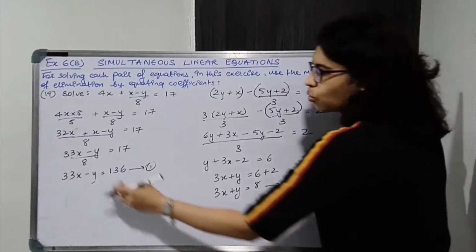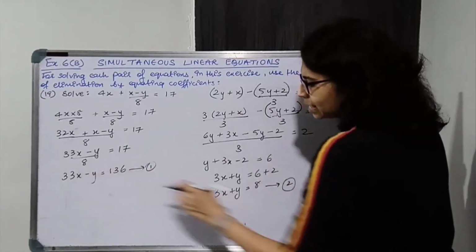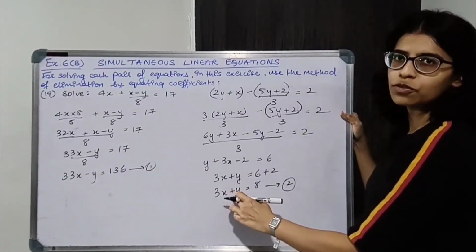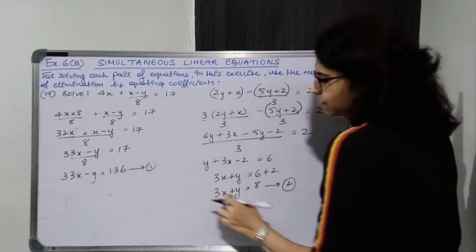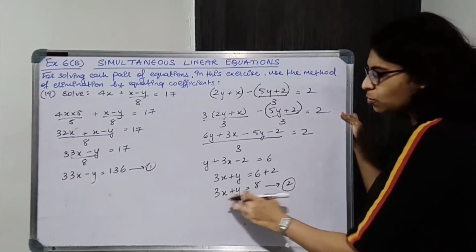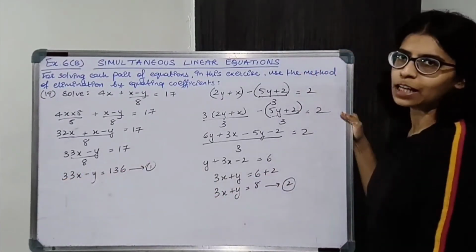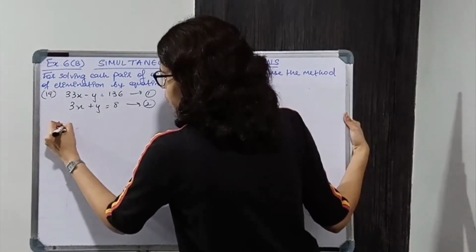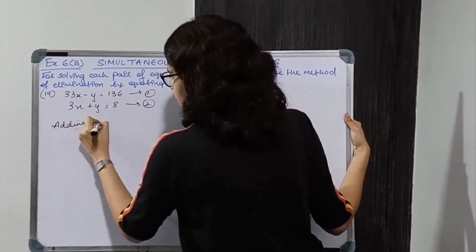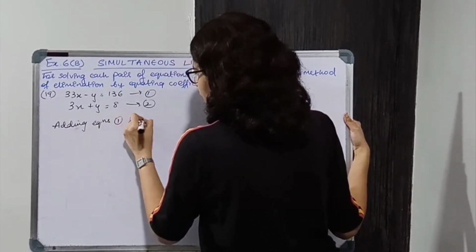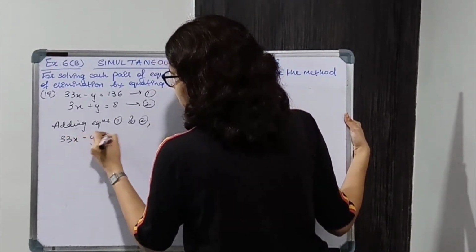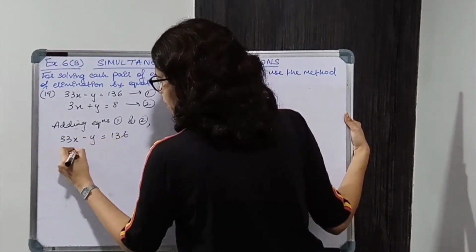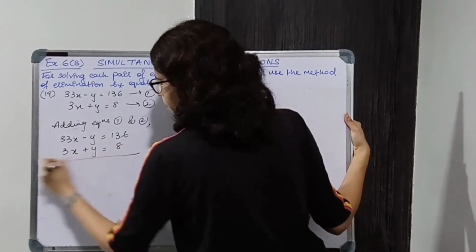Okay, so we'll directly add the equations whenever the signs of the coefficients are opposite. Here it is -1, here it is +1. So adding equations 1 and 2, 33x minus y is equal to 136 and 3x plus y is equal to 8.